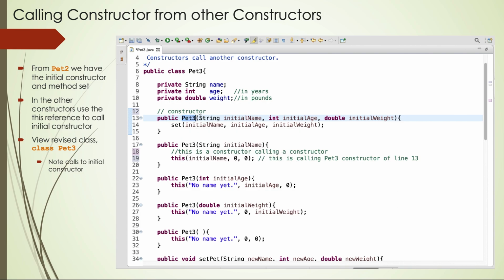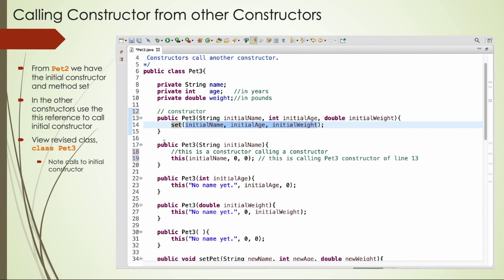Then we have three parameters: initialName, initialAge, and initialWeight. In this constructor, we're calling method set to set these values in our instance variables.